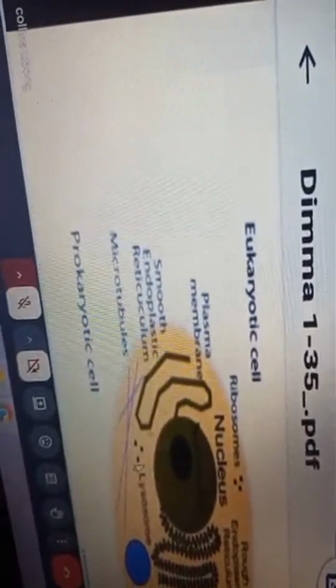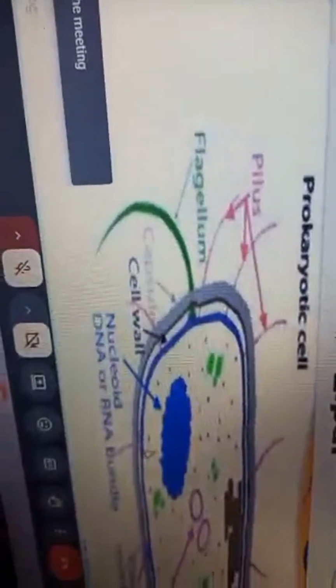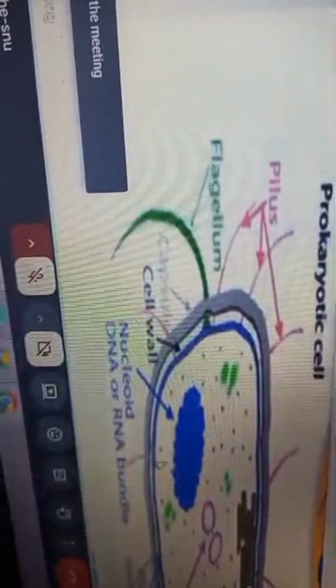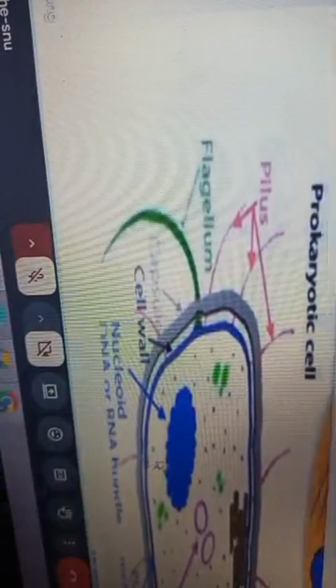So, here is the diagram of Monera and prokaryotes. You can see the nucleus is scattered. It doesn't have a true nucleus that envelopes it. And this is a typical example of bacteria. This is how a bacteria looks like.